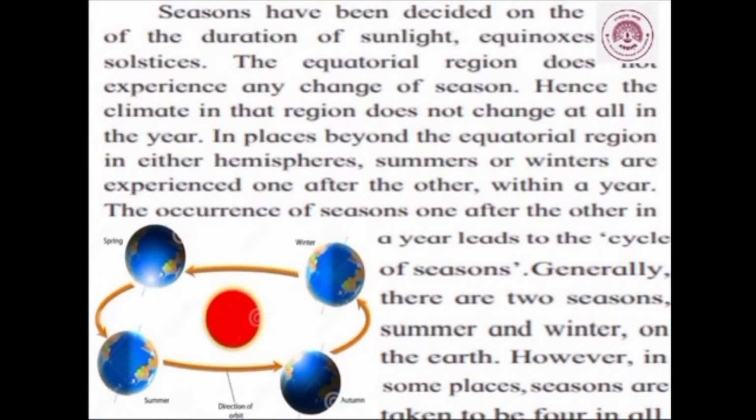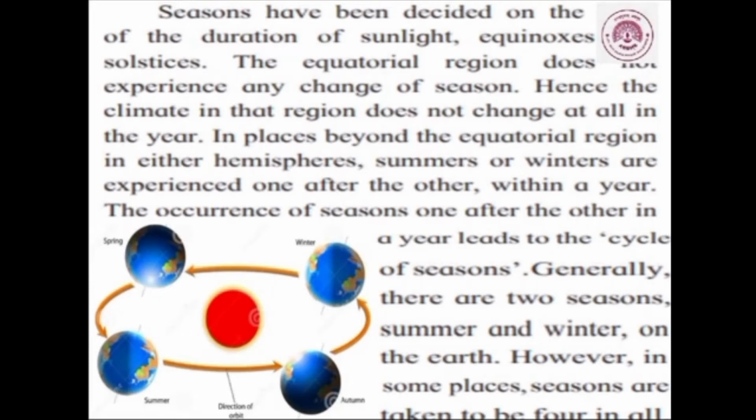Seasons have been decided on the basis of the duration of sunlight, equinoxes and solstices. The equatorial region does not experience any change of season. Hence, the climate in that region does not change at all in the year.